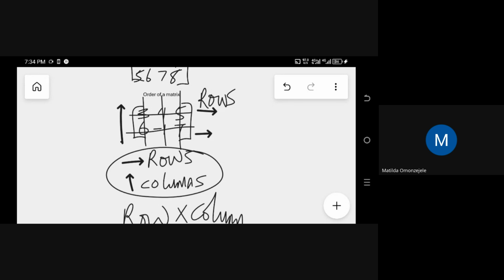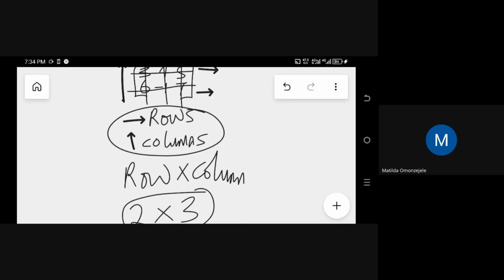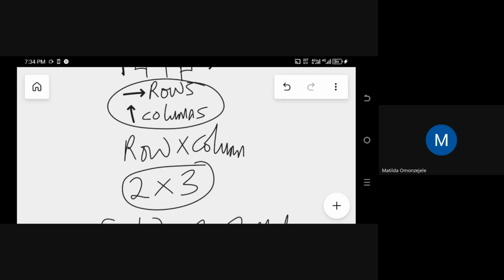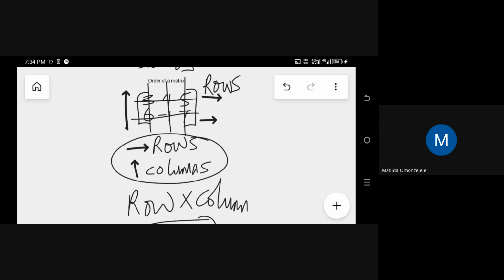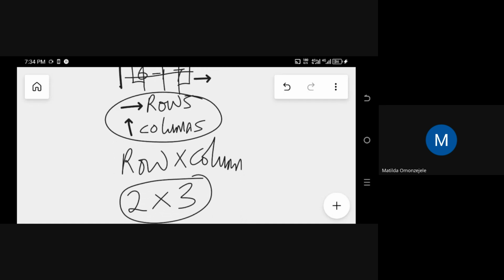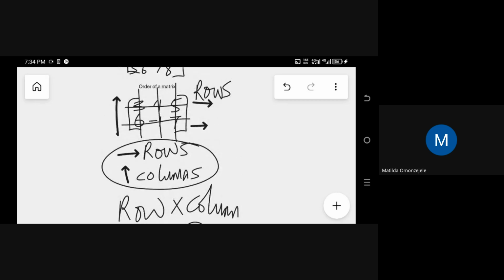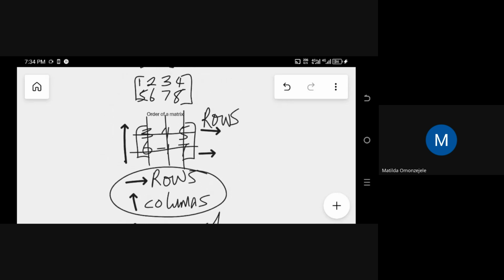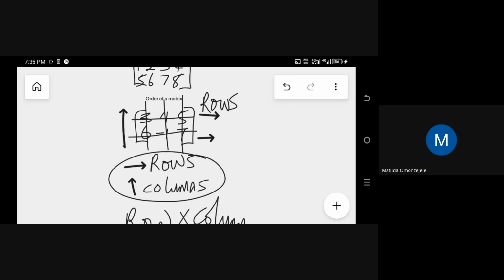And when we are ordering matrices, we have to say the number of rows first by the number of columns. So do not forget, row by column. Then we named that matrix. We said it is a 2 by 3 matrix.